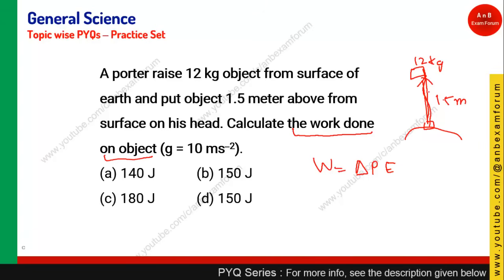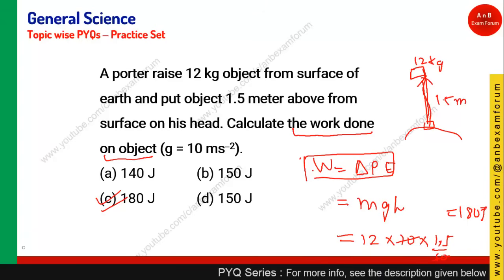Potential energy is basically the change, and you know the potential energy formula is mgh, where m is 12 kg, g he is saying to use 10, and h is 1.5 meter. So 12 into 15, it becomes 180 joule. So those who have given option C, they are right. Here you need to remember this formula: work done is change in potential energy.